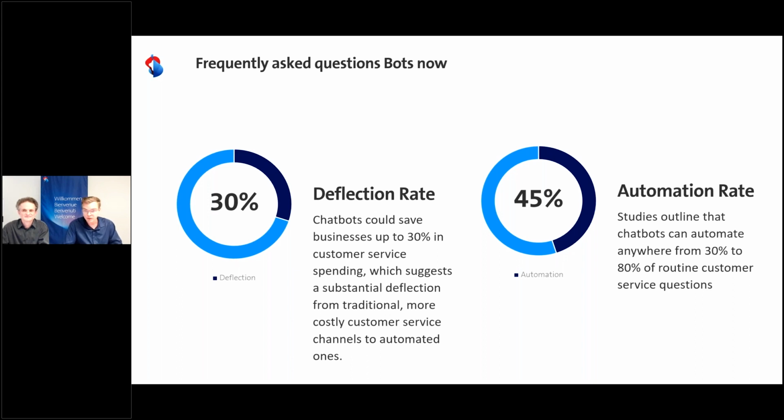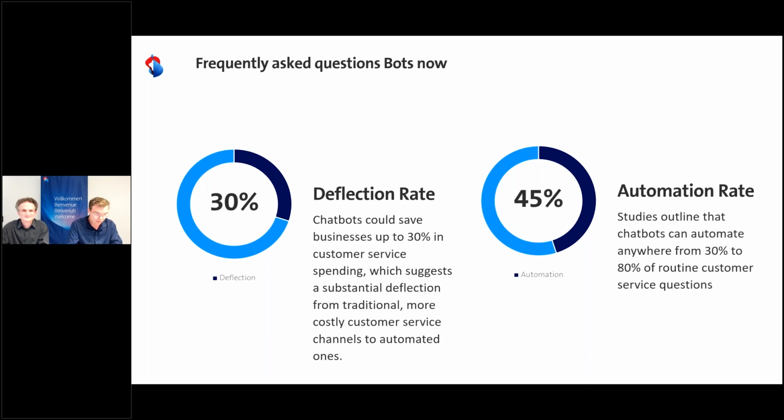Other studies point out that 45% of automation can happen, for example, through an FAQ chatbot. So frequently asked questions chatbots, placed in the front end, for example, on a website, where questions can be answered with technology alone before actually reaching customer service.